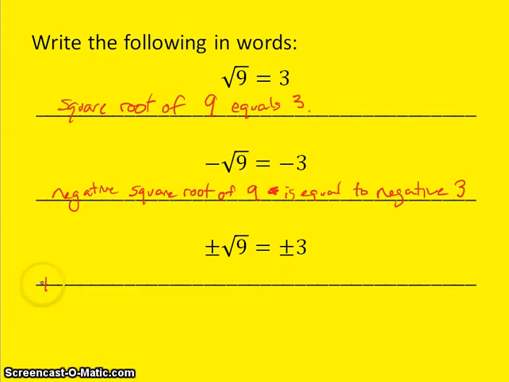So the positive and negative signs means positive and negative square root of 9 equals or is equal to 3 or negative 3. So positive or negative square root of 9 equals a positive 3 and or a negative 3.